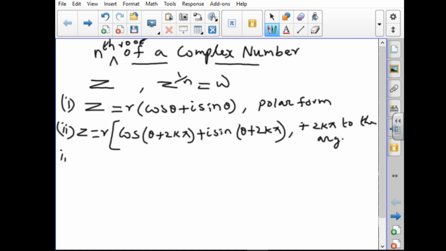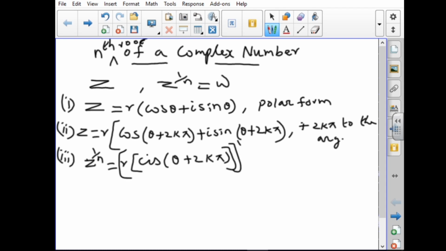Then third one, apply De Moivre's theorem. From here we get z power 1 by n is equal to r into cis theta plus 2k pi, the whole power 1 by n.